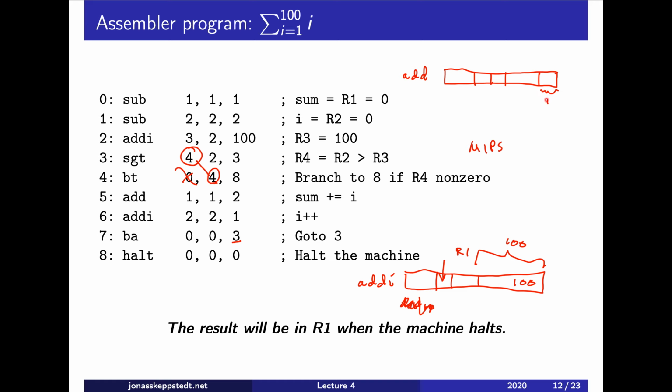So this is second source register. Say this is that we want to do R3 should be set to R1 plus R2. Okay, then 3 will be written there, 1 will be written there, and 2 will be written there.